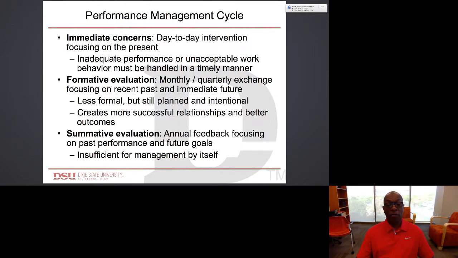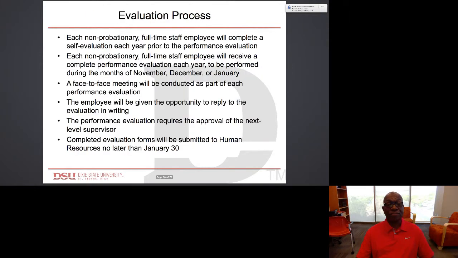Less formal, but still planned and intentional, it creates more successful relationships and better outcomes, and that's what we want. Summative evaluation: annual feedback focusing on past performance and future goals, insufficient for management by itself.